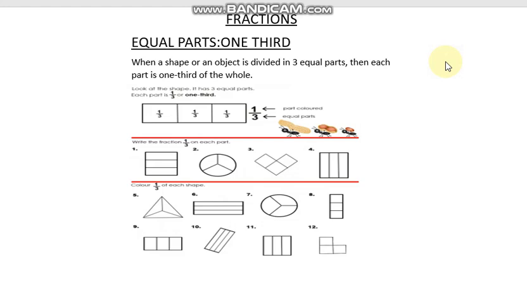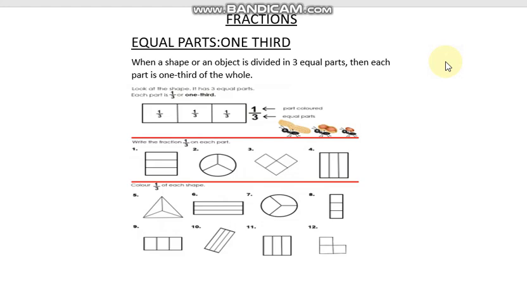In the same way, quarters means when a shape or an object is divided into four equal parts, then each part is 1/4 of the whole, or the quarter of the whole.